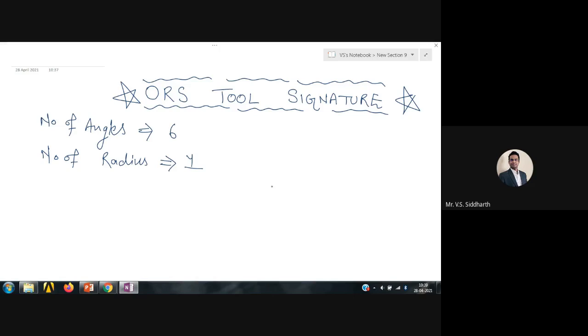So I will be writing various angles of ORS tool signature. Just pay attention.